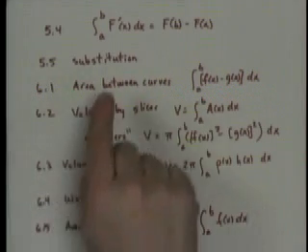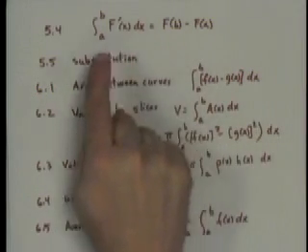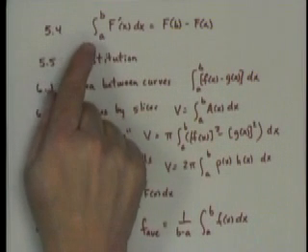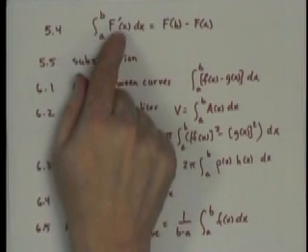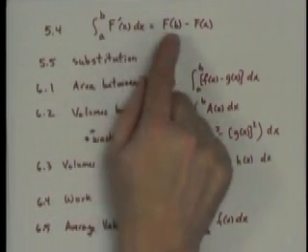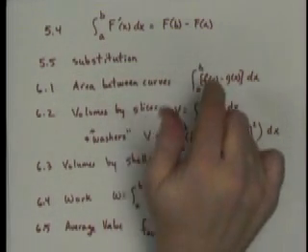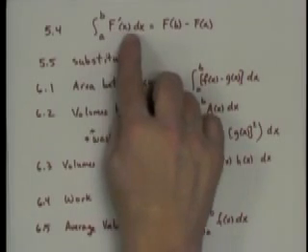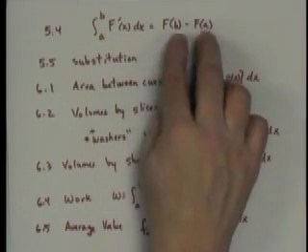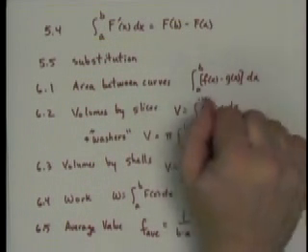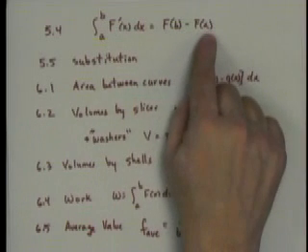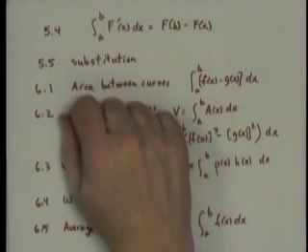So we started out sort of as a review here, integrating and saying that the integral of a function from a to b is equal to the difference in its antiderivatives. But we switched the thought, almost like we just were talking about with the mean value theorem, and said the integral of the derivative equals the change in my function. So if I want to find, say, the change in distance, I would integrate velocity from a to b.